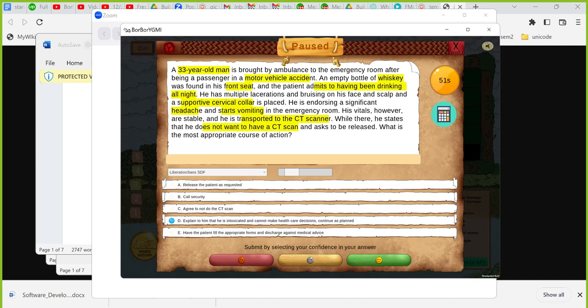Right. And he's not someone that you want to go against medical advice, because by the time he regains consciousness, he might want to sue us for not attending to him. Absolutely, and he might not even get a chance because he's going to die, because it's a traumatic brain injury. Right. So you'd call security in the event that he was attacking you.